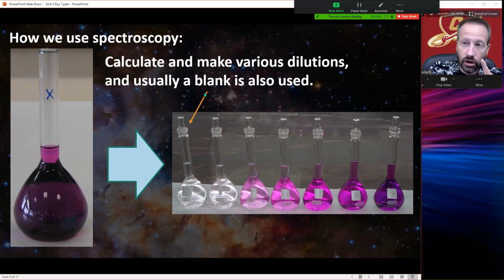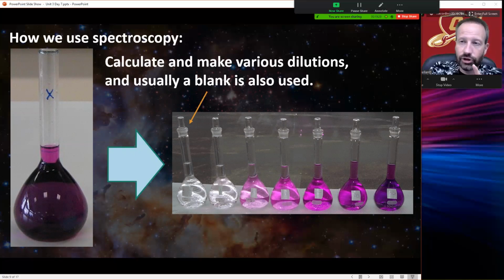Now, I want to harp on this a moment. The blank here, because it's Kool-Aid I'm going to be testing in a minute, I'm going to use just water for that. I have a spectroscopy lab for equilibrium where you use iron, but we need to keep iron in a particular oxidation state, and in order to do that, I need to acidify the solution and put in a few other chemicals.